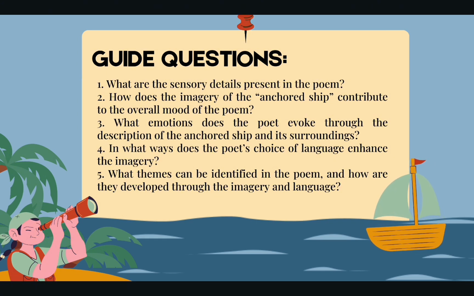What emotions does the poet evoke through the description of the anchored ship and its surroundings? 4. In what ways does the poet's choice of language enhance the imagery? And 5. What themes can be identified in the poem, and how are they developed through the imagery and language?